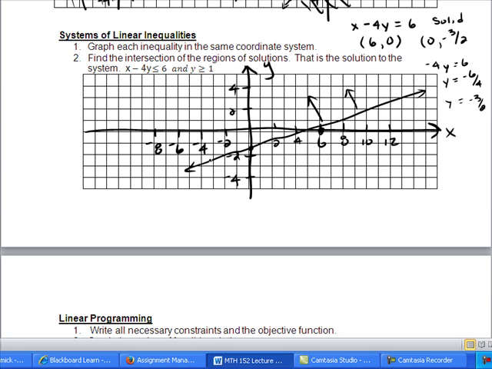So now what we want is where we have both types of shading. And that's going to occur where we have the intersection of the two graphs. Let me see if I can shade it in yellow.